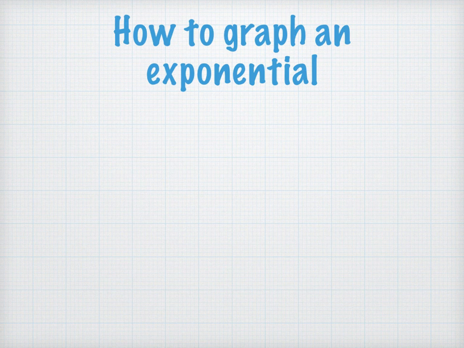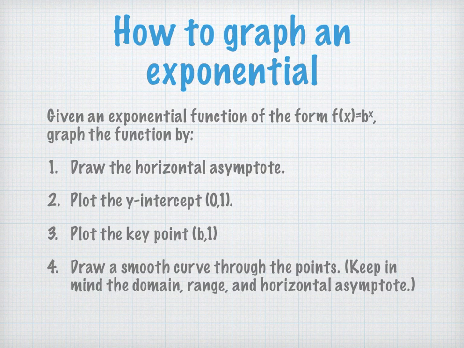Now, again, I'm not going to have you graph an exponential function, but if you were to want to graph an exponential function, these are your steps. Given an exponential function of the form f of x equals b to the x, graph the function by first drawing the horizontal asymptote. Second, plot your y-intercept, (0, 1). Then plot your key point.